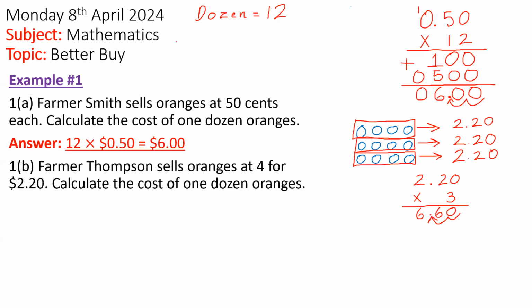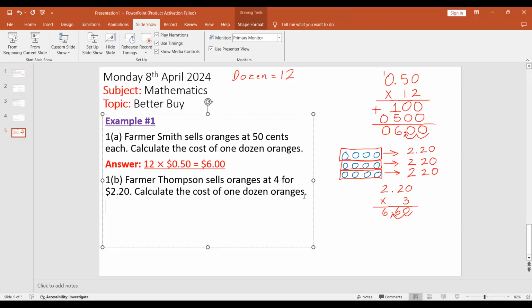So the cost for a dozen is gonna be what? What's the cost for a dozen for Farmer Thompson? $6.60. Very good, $6.60.